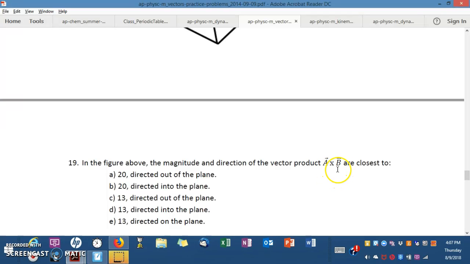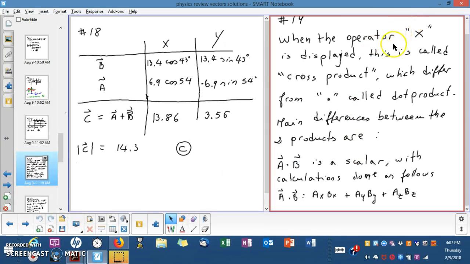But when you see cross, this means that your product is going to be a vector. So what I wrote here is that when you have the operator indicated with the X, this is a cross product, and it's not the same as the dot product, which is the one that you used already. Now, two main differences are the following.